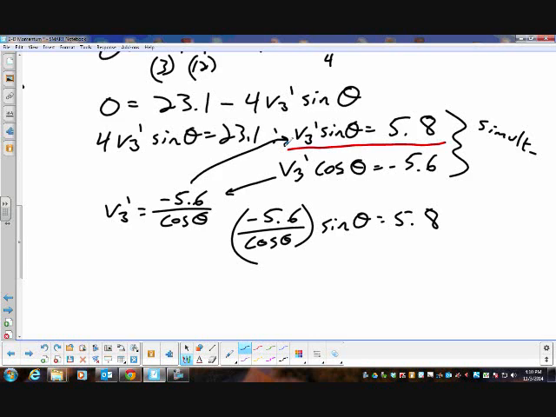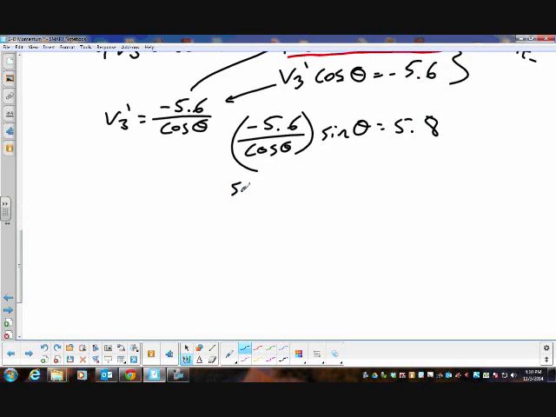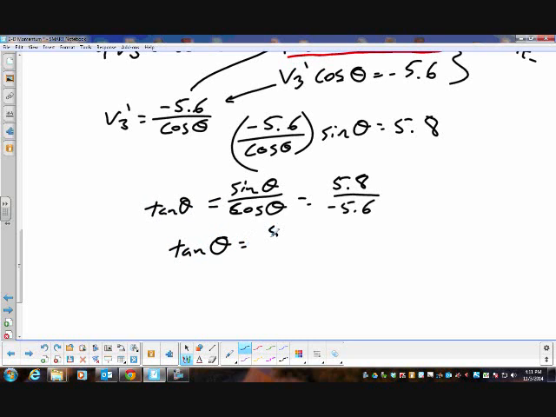So I rearranged this equation for V3 prime, and then I stuck it into that equation. And what this gives me is sine theta over cosine theta is equal to 5.8 over negative 5.6. Sine over cosine is tangent. So the tangent of the angle is 5.8 over negative 5.6. So by taking the inverse tangent of both sides, I can get the angle.